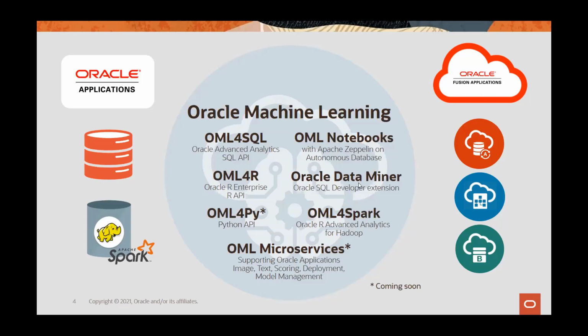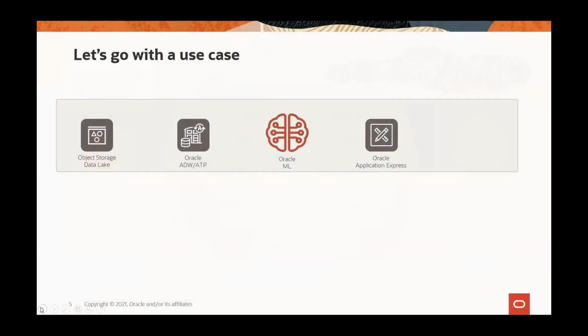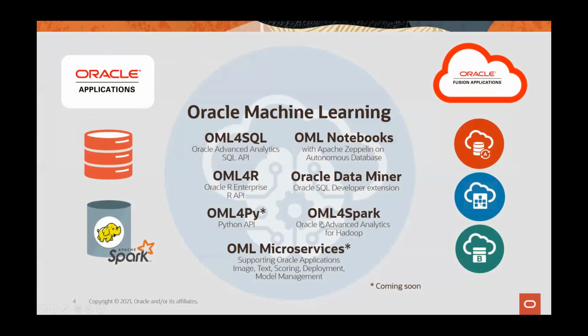There are also the data mining extensions: OML for Spark and also OML for microservices. Now that we are always talking about cloud native, we also have this interface with the microservices.